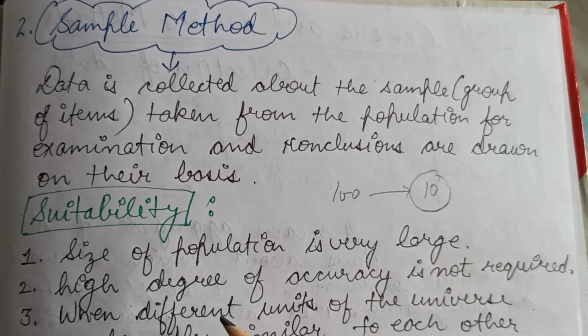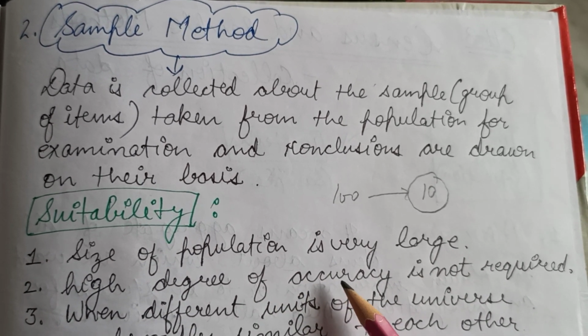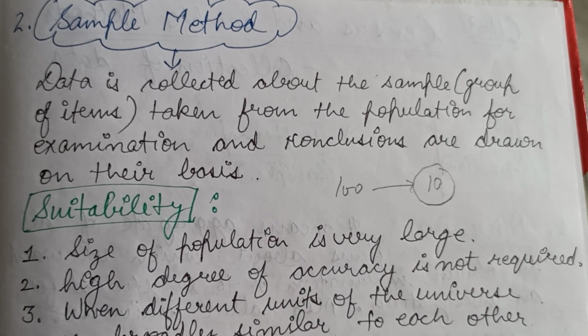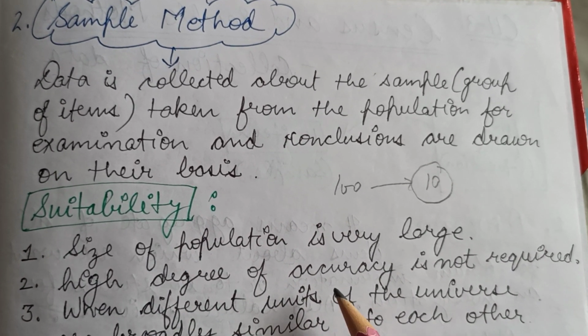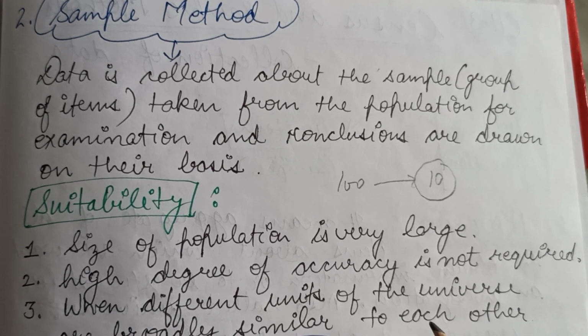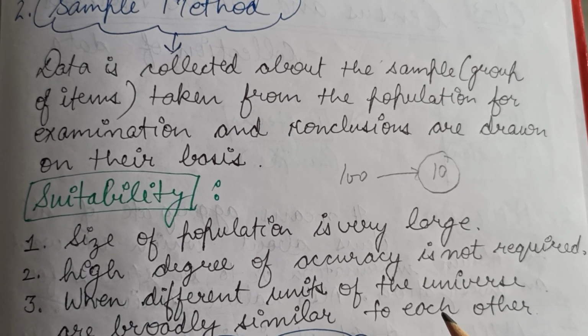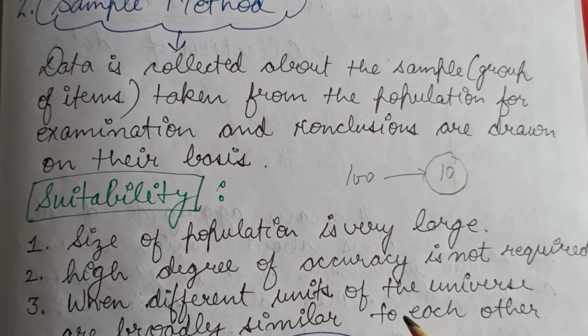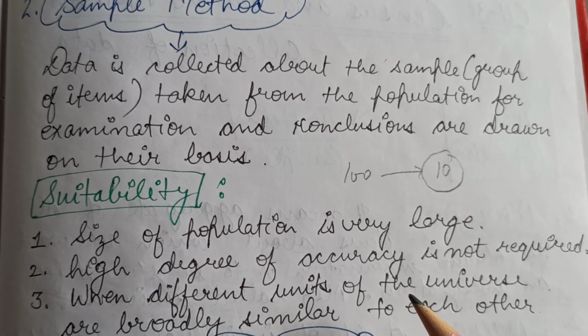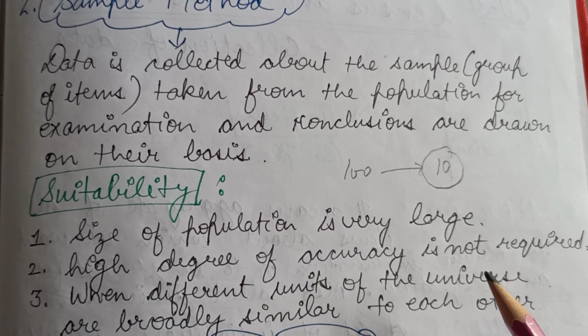So therefore the degree of accuracy is less as compared to that of the census method. And the third one is when different units of the universe are broadly similar to each other. That is, when the items in the universe are having different characteristics, then we have to use the census method.